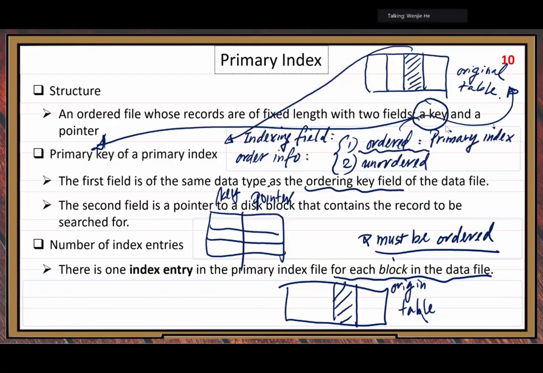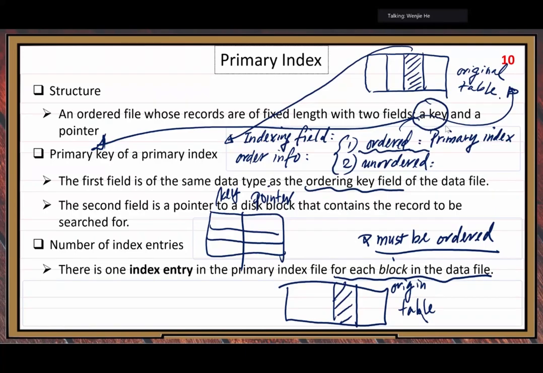Then the second case, unordered. That's different. To apply binary search, you have to sort it first. You need to do the sorting before you build the index file, to make it ordered in your index file.